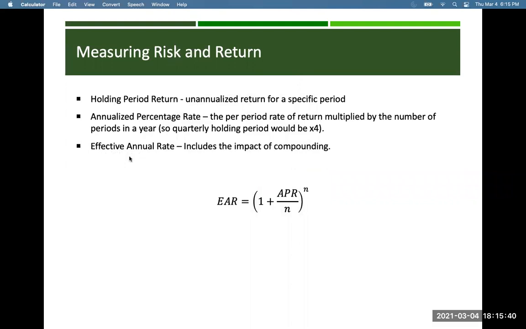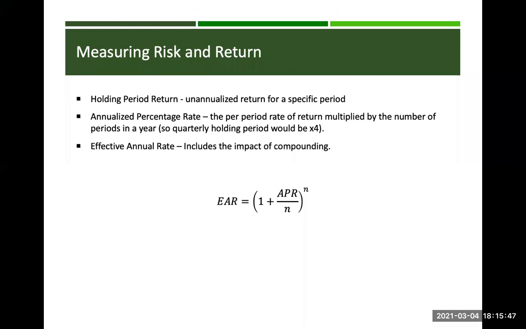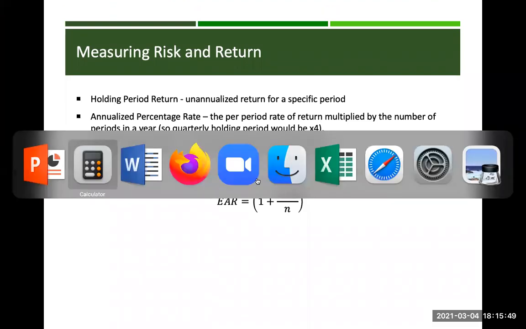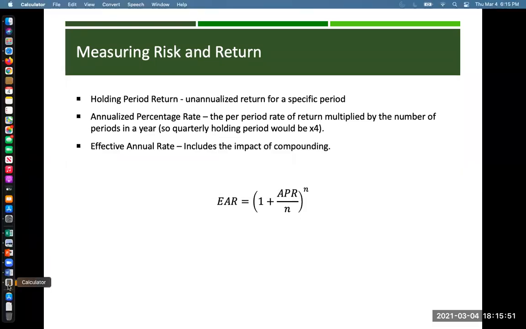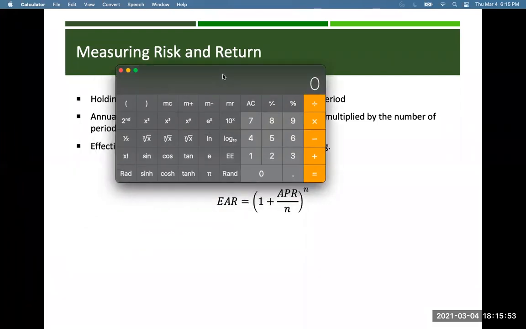The effective annual rate, EAR. This is APR, this is EAR. This includes compounding. I'm going to pull up my calculator. Say the monthly return is 0.35%, times 12, that's 4.2%.